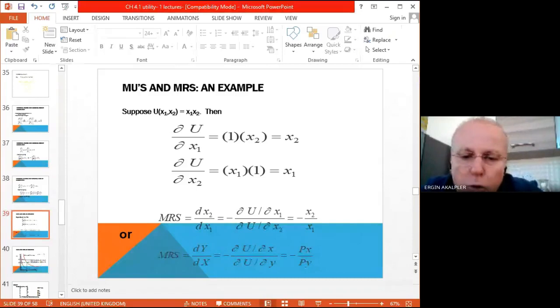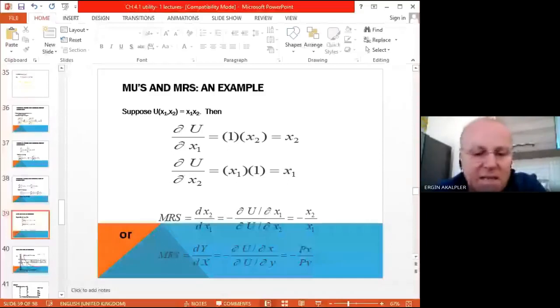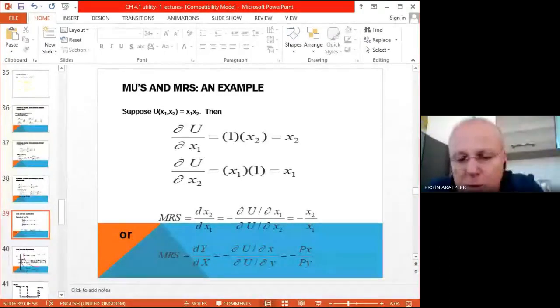These are the utility function that we are calculating, isn't it? The marginal utility of x1 is delta u over delta x1, and the marginal utility of x2 is delta u over delta x2, which will then be equal to minus x2 over x1. When we replace delta x2 over delta x1 with delta y over delta x, this gives you minus px over py.